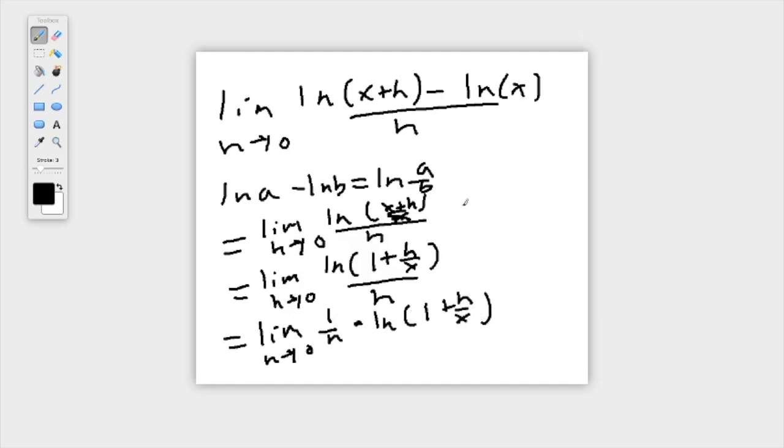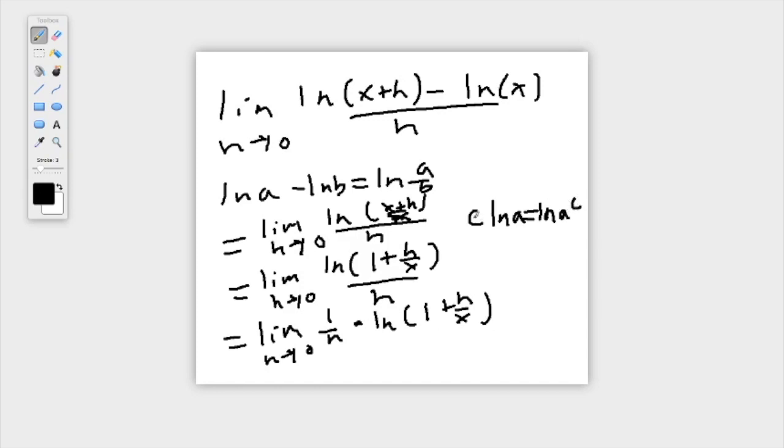And then another log property is if you have a variable or any number in front of the natural log, say if we have c times ln a, then we can condense it into ln a to the c.